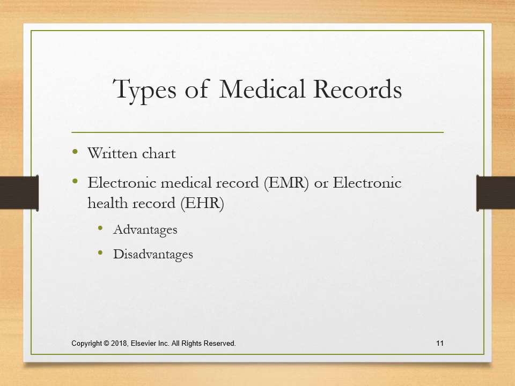Written charting. There can be paper charting that we write out on paper during downtime. That's probably the most common time that you'll have written charting. But also we have electronic medical records, or EMRs, or electronic health records as they're more commonly known.